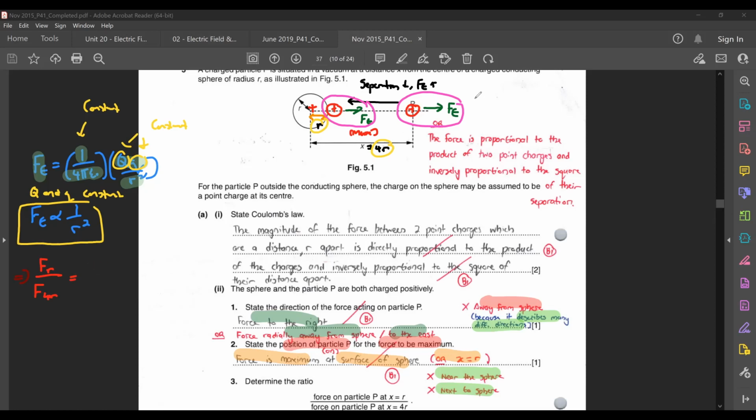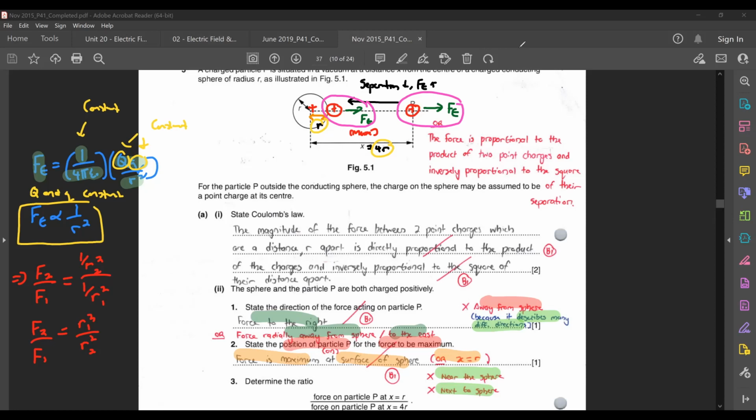Maybe I shouldn't make things more confusing. You could probably just write it like this now: F2 to F1 is equal to 1 over R2 squared to 1 over R1 squared, giving you R1 squared over R2 squared. This is the ratio of the forces. It's actually the ratio of your separation squared.